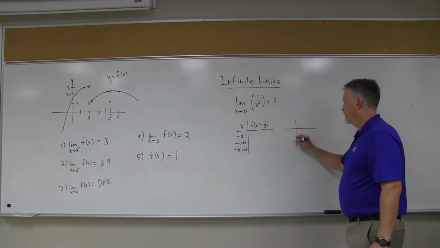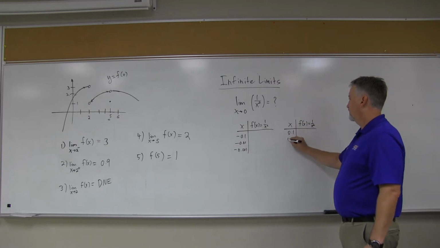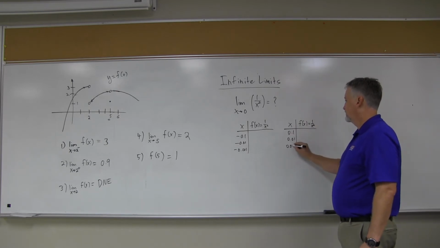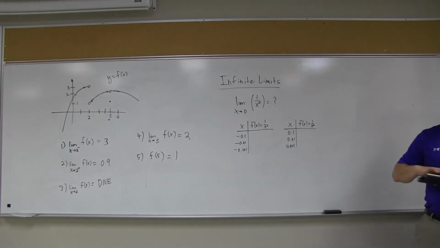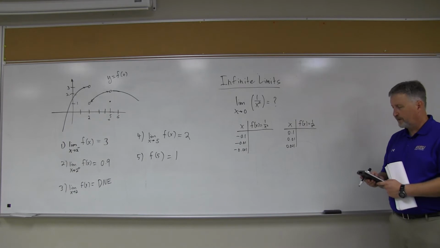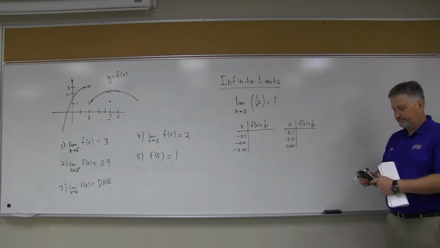We look at it on the right: positive 0.1, positive 0.01, and positive 0.001. Okay? Well, we can do those pretty easily, but let the table do our work.